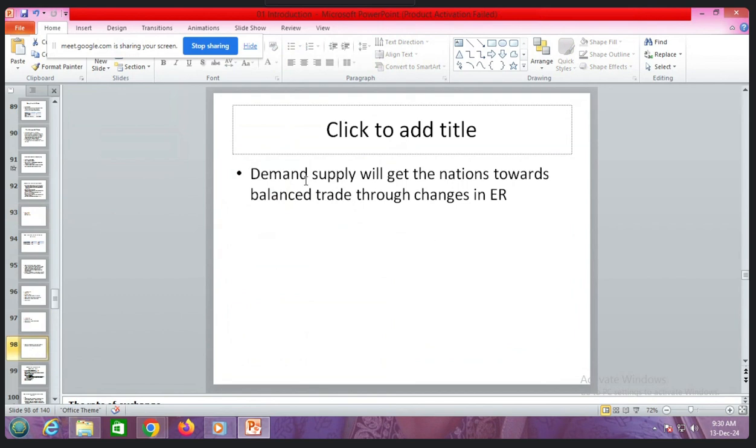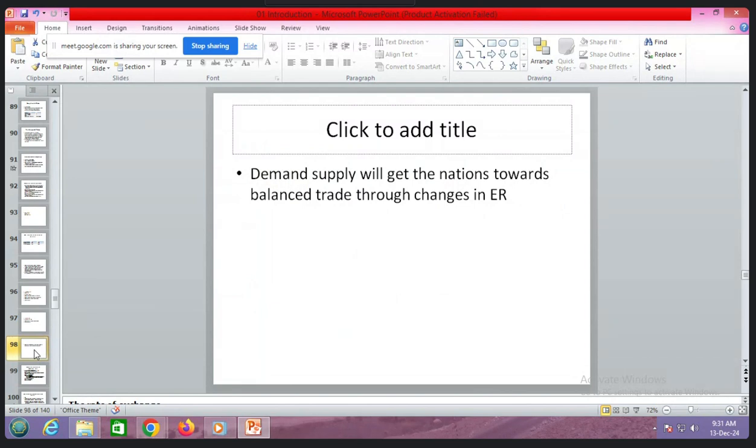So if we are on the other two extremes, 1 by 6 and 1 by 2, the demand and supply will ensure that the trade is going to get balanced. Okay, so that is what we are trying to look at the Ricardian theory in terms of money.